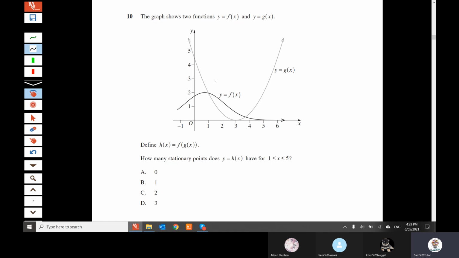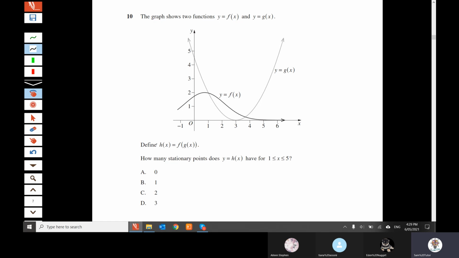I would say less than 1% would have got right. I'll show you how it's meant to be done, because it's not an easy one. Well, it is actually quite easy. It's just that if you haven't done one before, you would not know exactly what to do. So if you've been exposed, that's excellent.